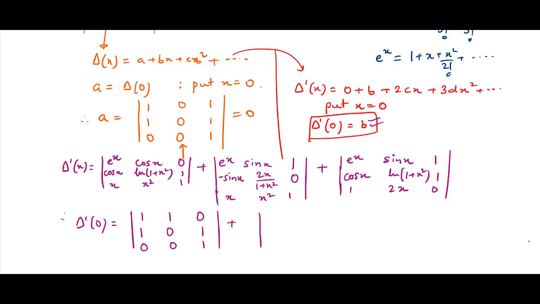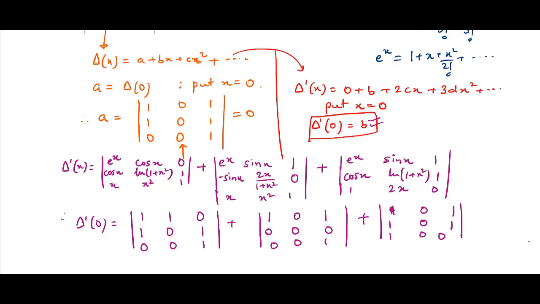Plus, now again we put x equal to 0 in the second determinant, so we get 1, 0, 1; 0, 0, 0; 0, 0, 1, so the second determinant becomes 0 directly, and the third one becomes, if I put x equal to 0, 1, 0, 1; 1, 0, 1; 1, 0, 0.